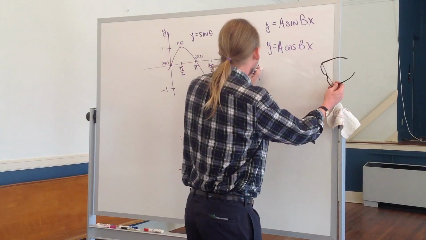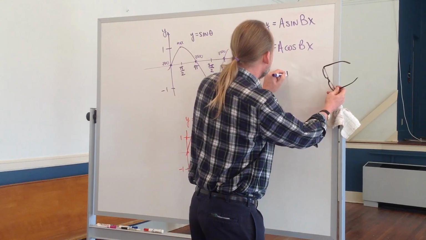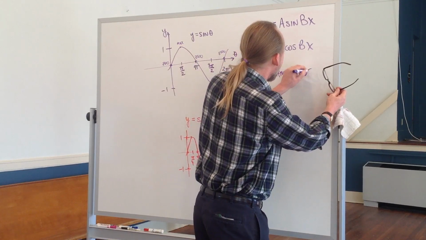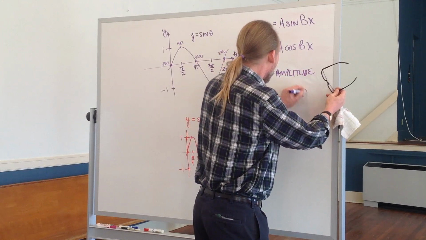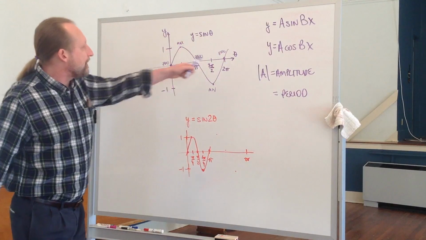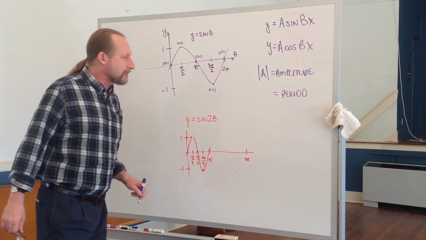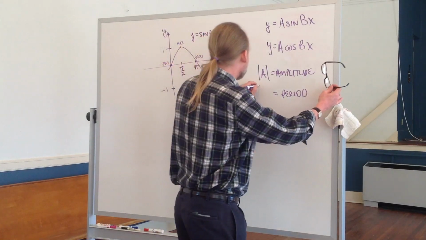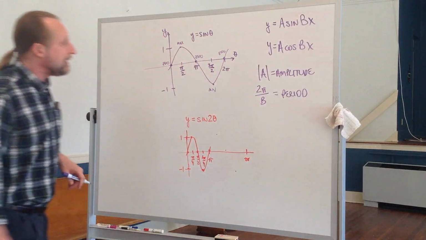And in this case, the amplitude is defined as the absolute value of this coefficient, and then the period, right? Normal period is 2 pi. If we put a 2 in there, the period goes down to pi, so we're going to take 2 pi divided by whatever that coefficient b is.